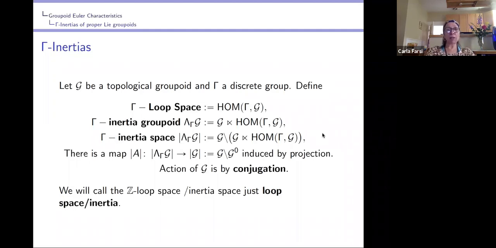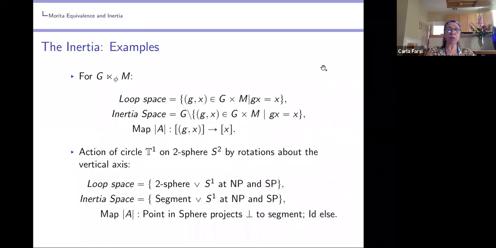So to make this a little bit more concrete, let me take the example where this proper Lie groupoid is a translation groupoid, and so these things make more intuitive sense. In this case, what we call the loop space, that is this isotropy subgroupoid, is the set of pairs (g, x) such that gx is equal to x. What we call the inertia space is the quotient of this loop space by the action of G, which is by conjugation on the left and the action on x on the right.